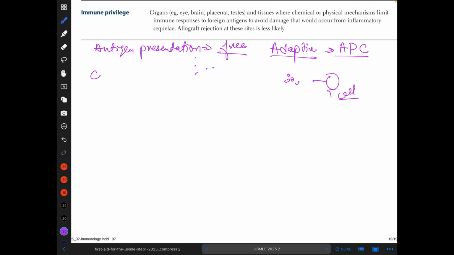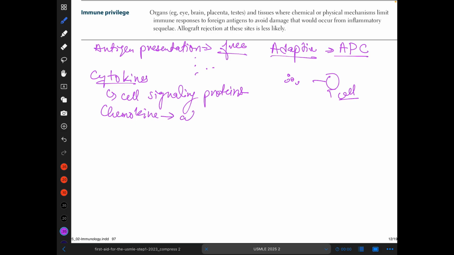The second is cytokines. Cytokines are cell signaling proteins, and they are often released by immune cells and stimulate inflammatory responses in various subsets. They have different functions, like chemokines. Chemokines attract immune cells and cause chemotaxis.